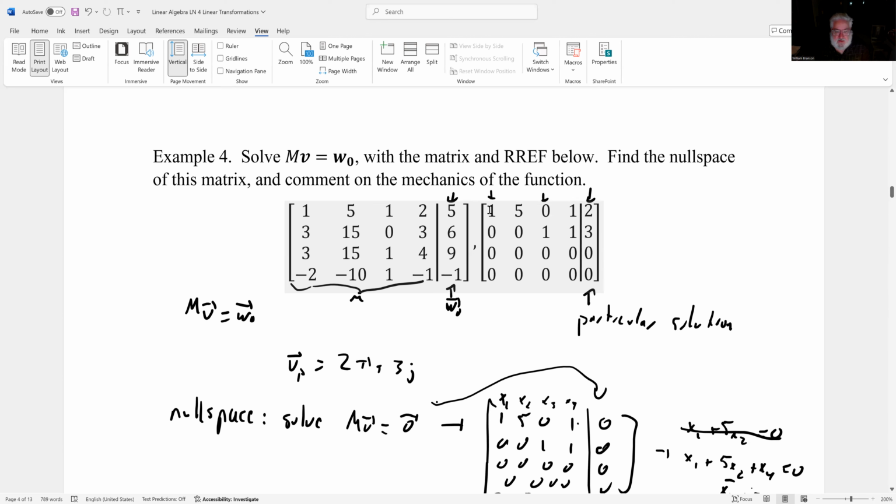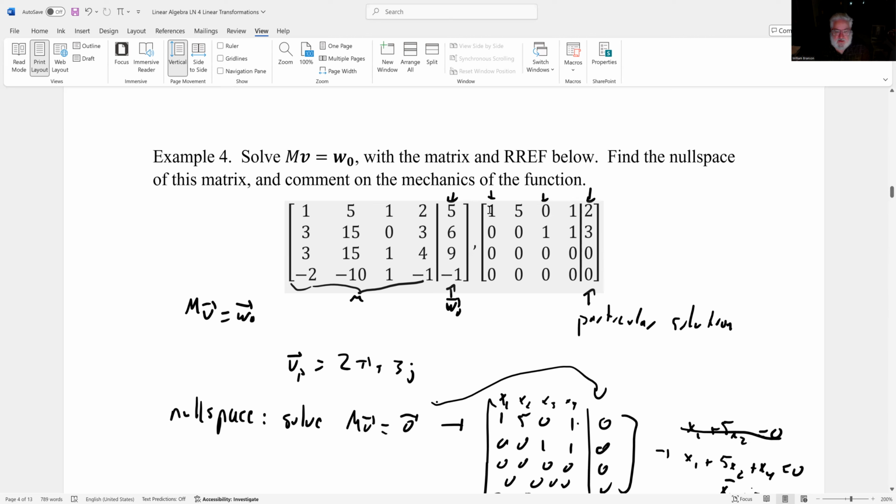So the function goes from R4, which is a 4-dimensional space, to R4. Looking at this, we could take E1 and E3 as a basis. E1 is (1, 0, 0, 0).